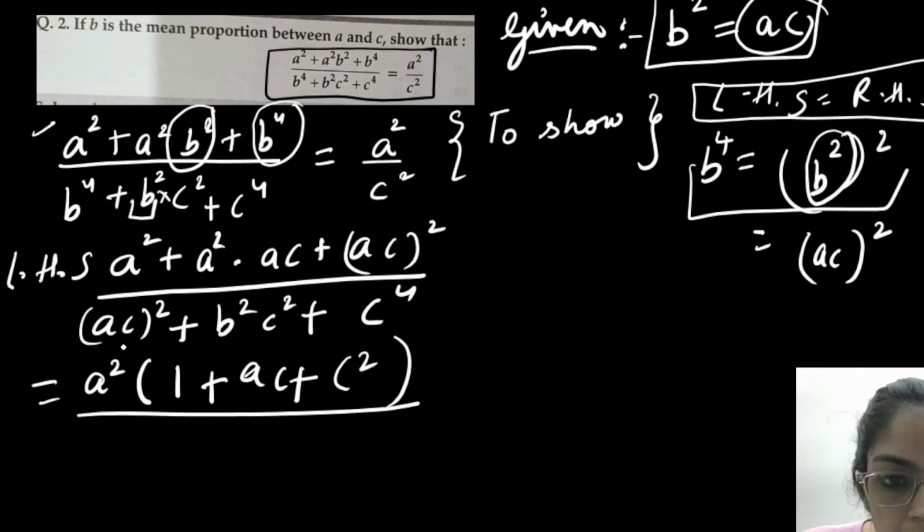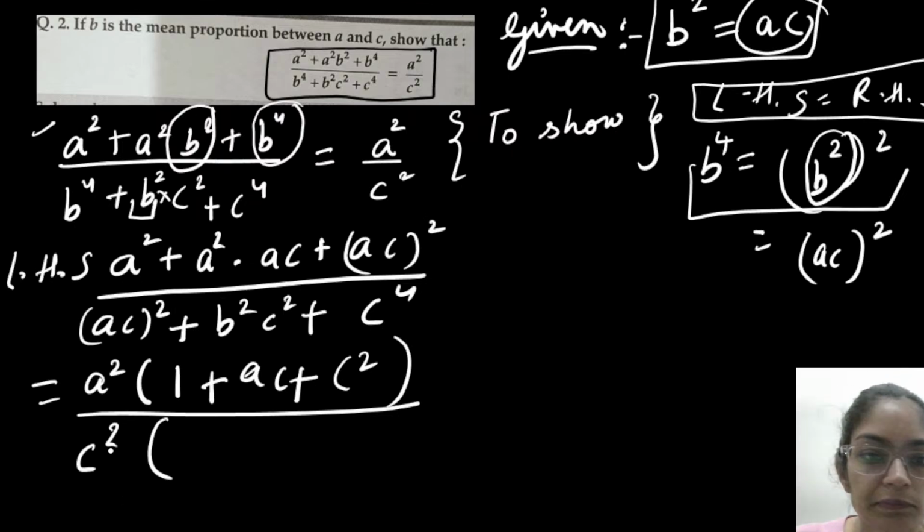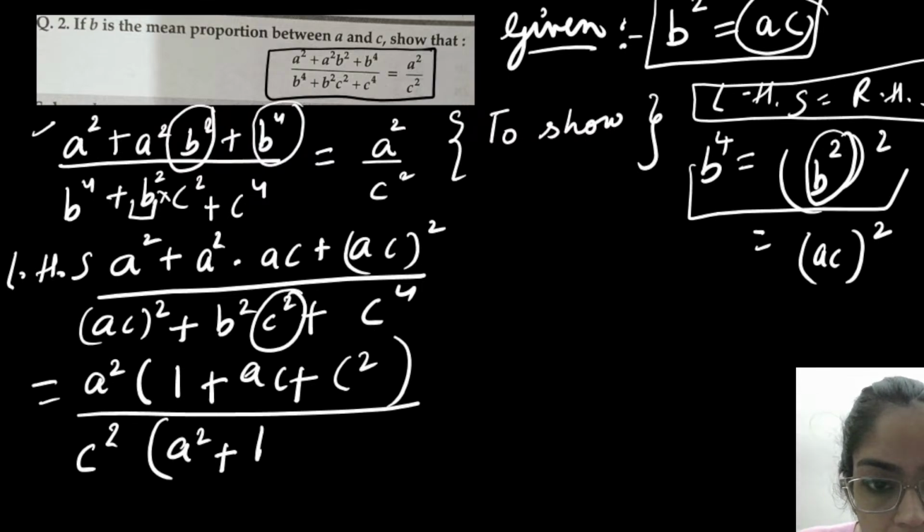So here c square is common because c square is present in all the terms. If we take c square out, then what is left behind? A square plus b square, plus c square is left behind from c to the power 4.